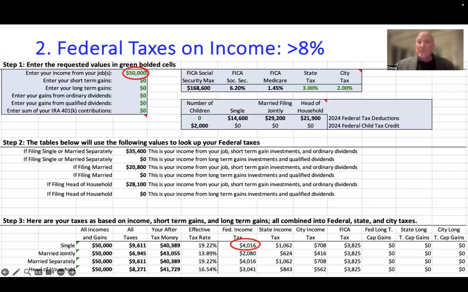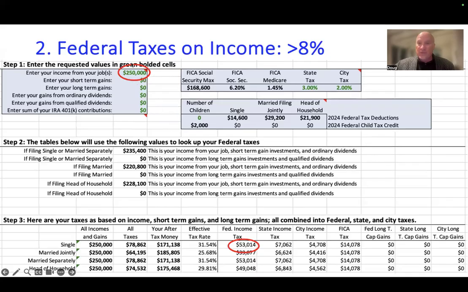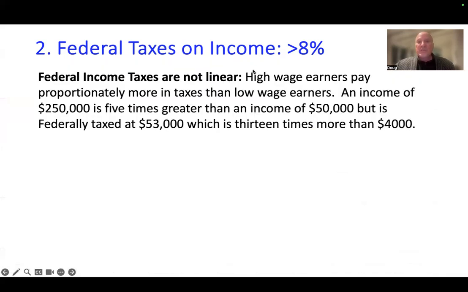Now let's imagine somebody making $250,000, considerably more. Their federal tax is $53,000. So let's put these together into an idea why that's not linear. Have a look here. We have a high wage earner. They pay proportionally more in taxes, so way more than low wage earners. An income of 250,000, that's 5 times greater than 50,000.